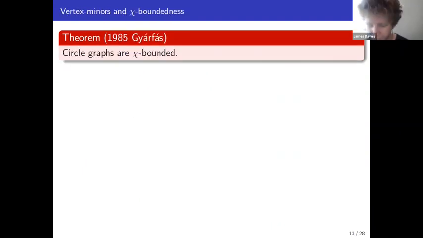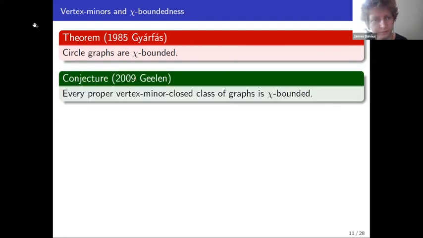Okay, so getting back to circle graphs, I mentioned that there were older results proving chi-boundedness with just larger chi-bounding functions. So this is another classic result, that circle graphs are chi-bounded. And while vertex minors are still fresh in our minds, I mentioned that Jim Geelen conjectured a much more general statement, that any proper vertex-minor-closed class of graphs is chi-bounded.